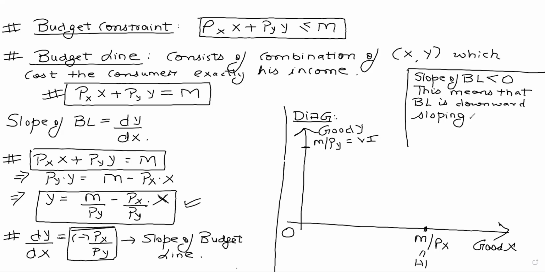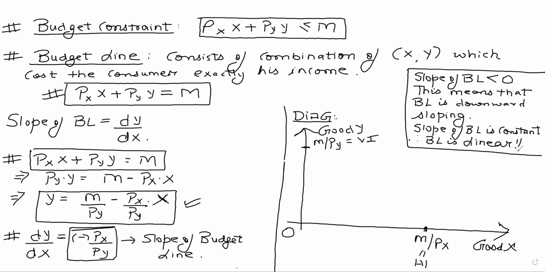Second thing we observe, that slope of the budget line is also constant. Why? Because Px and Py are fixed. Perfect competition, guys. Px and Py are fixed. Now, since slope of the budget line is constant, therefore budget line is linear.